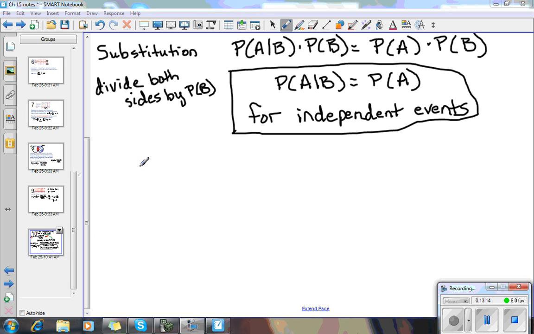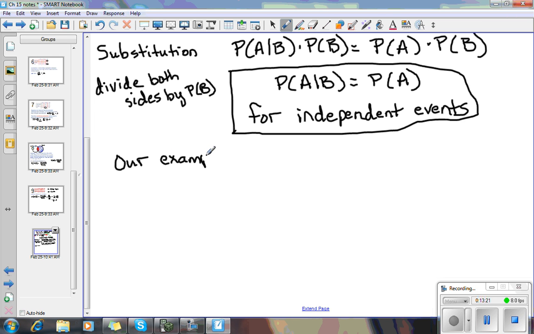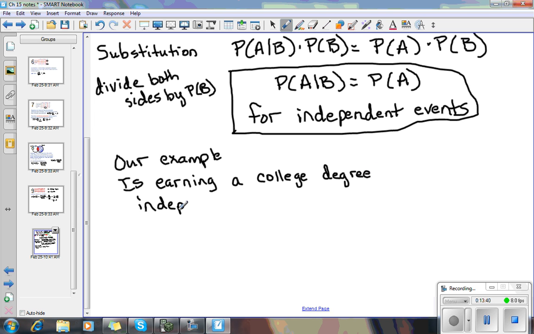All right, and here's where we would find that helpful. From our example, is earning a college degree independent of gender?